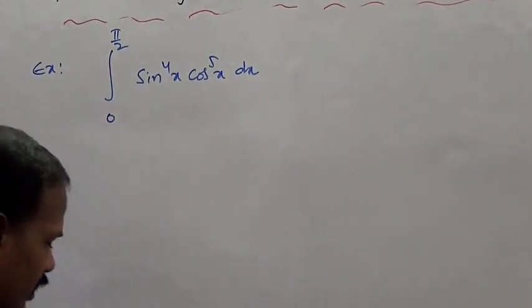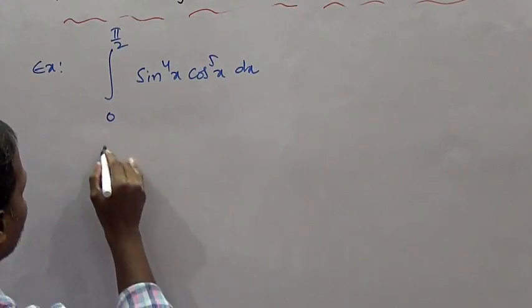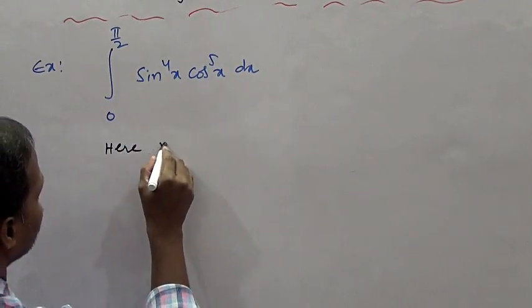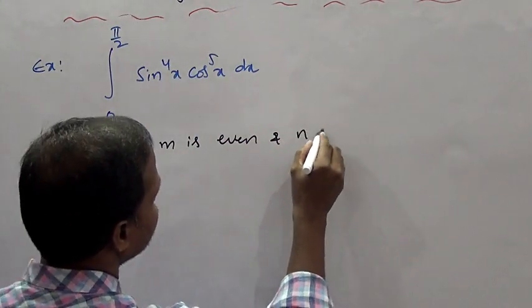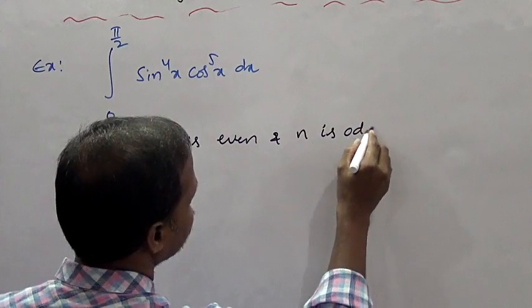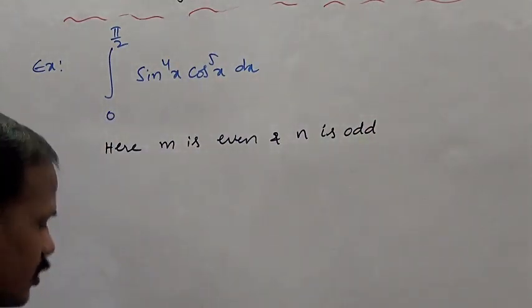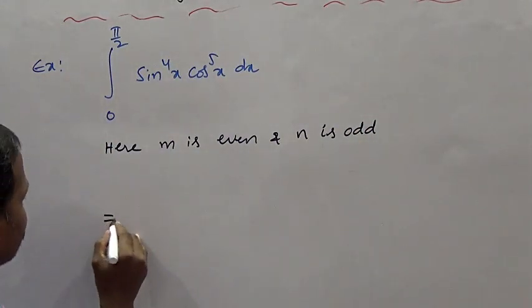Here m is even and n is odd. n is odd, so take the reduction.